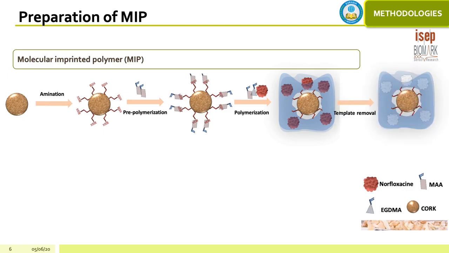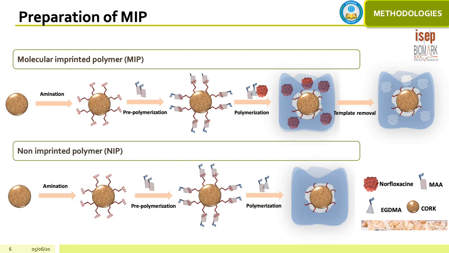The production of MIP terminates when norfloxacin is removed from the polymer. In parallel, a control material was also prepared, but without antibiotics, also known as non-imprinted polymer, NIP.